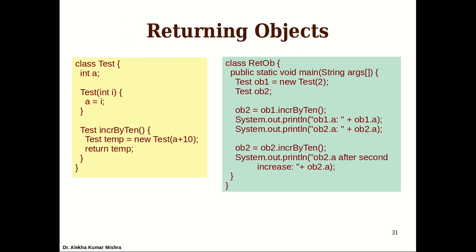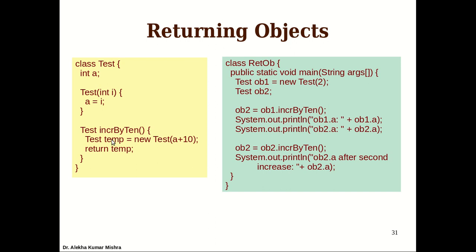Returning an object. Yes, we can return an object, but the reference concept remains the same. Let us analyze this particular program and understand how to return an object. That's not a big thing. Simply the return type will be the class name type. Here we have a method returning a test object type.